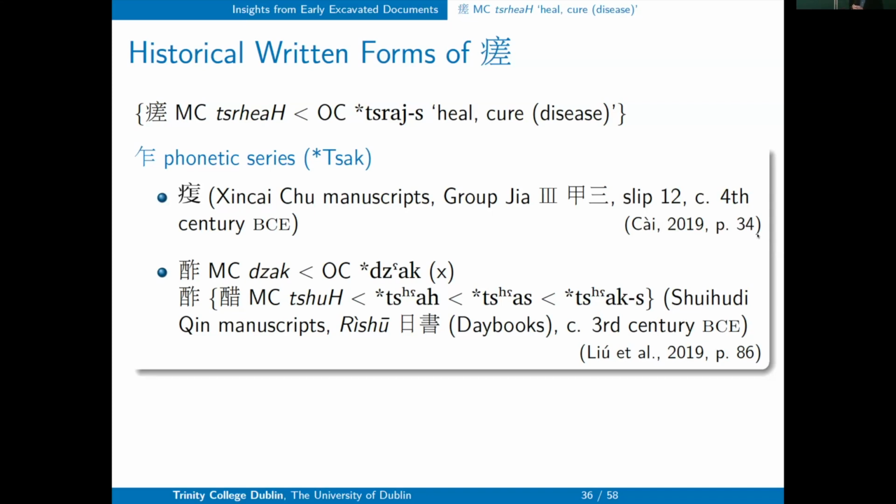And in the Xingcai Chu manuscripts, it's also with the semantic 病字头. However, in the Shuihudi Qing manuscripts, this word was written as 做, of which the received pronunciation is zak, so it has a good coda.